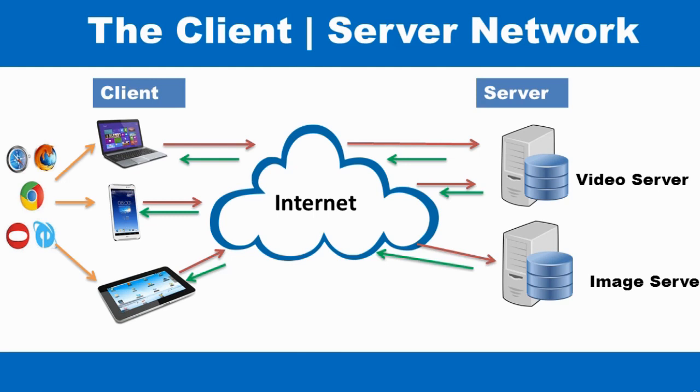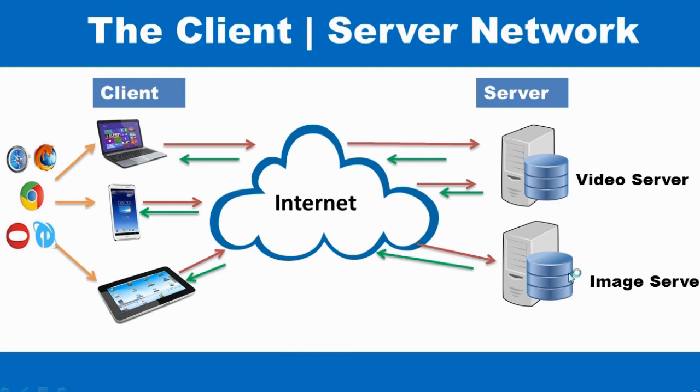So there are tons and tons of servers located all over the world. So anytime you make a request, the request can go to anywhere the server is located. If, for example, you wanted to maybe pull up some images from an image sharing site, you make the request via your web browser, again over the internet.